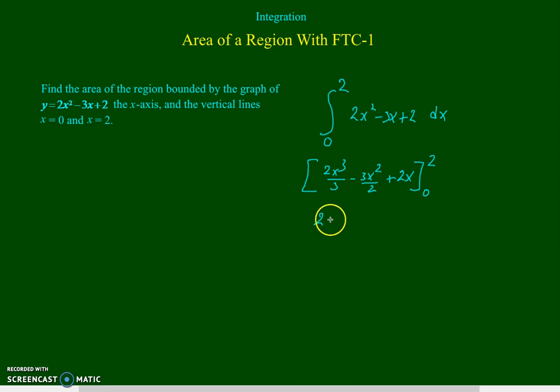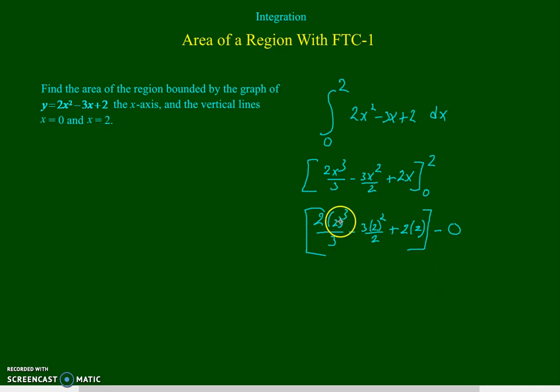There's 2 times 2 to the third over 3 minus 3 times 2 squared over 2 plus 2 times 2 minus 0 minus 0 plus 0, so that's just a 0.